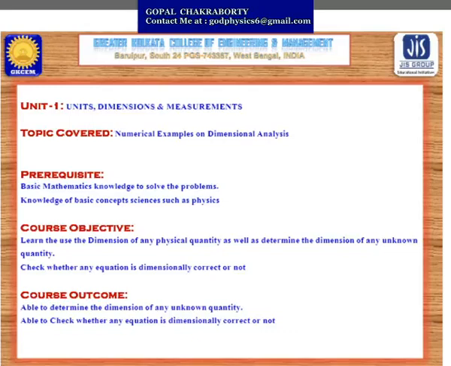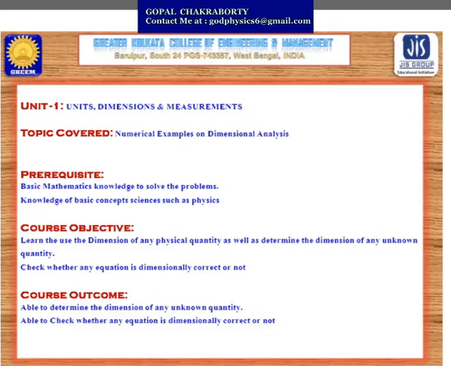A prerequisite for this topic is basic mathematical knowledge to solve problems and knowledge of basic concepts of science such as physics. The course objectives are: learn the use of dimensional analysis of any physical quantity as well as determine the dimension of any unknown physical quantity, and check whether any equation is dimensionally correct or not.